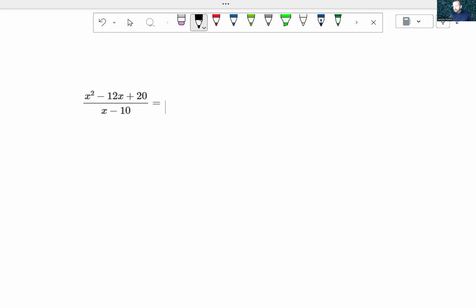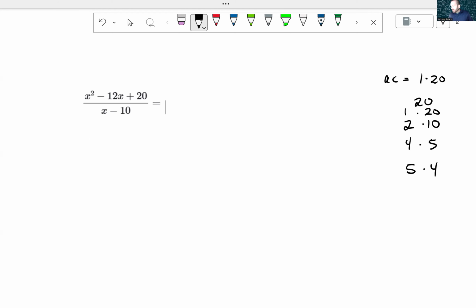So here A times C is 1 times 20. That's 20. All the ways to multiply to get 20: 2 times 10, 1 times 20, 4 times 5, 5 times 4.